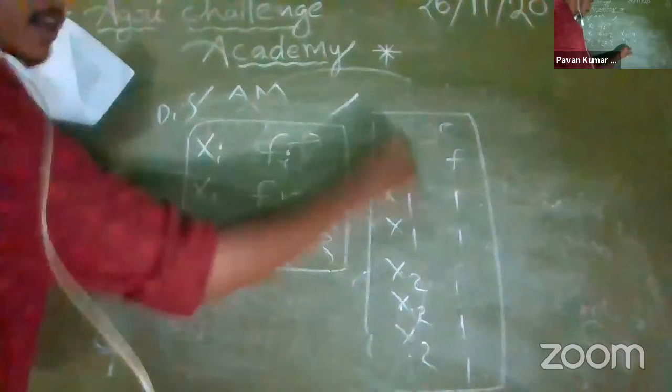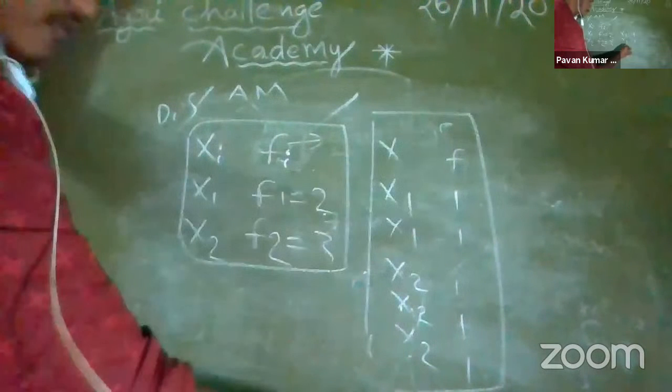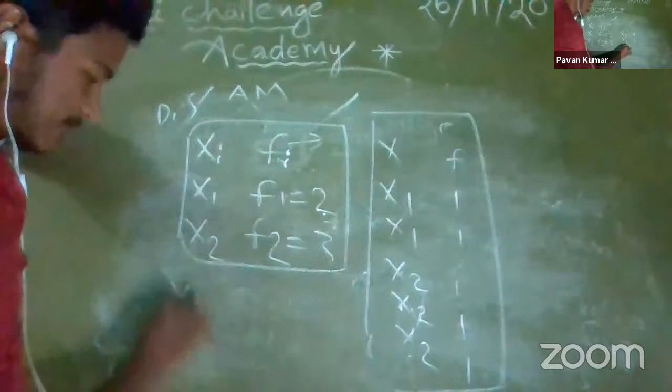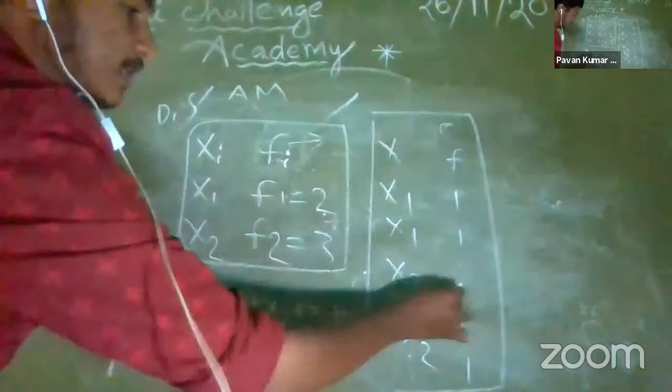We know the formula for individual: summation of these values, that is x1 plus x1 plus x2 plus x2 plus x2, divided by 1, 2, 3, 4, 5. We can write this as: x1 repeated 2 times, that is f1 times, and x2 repeated 3 times.